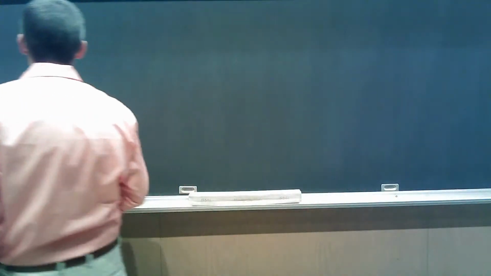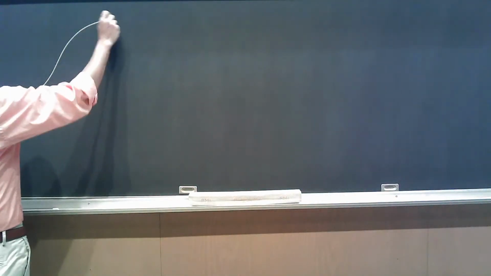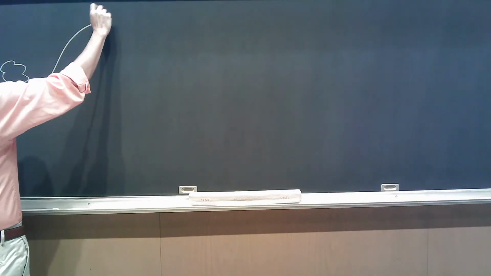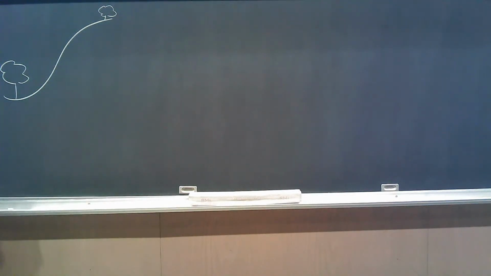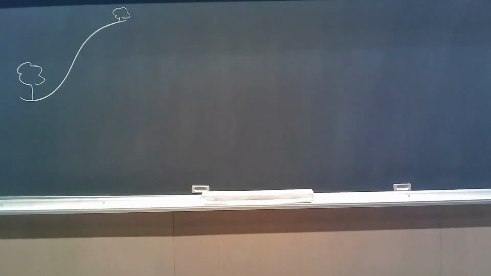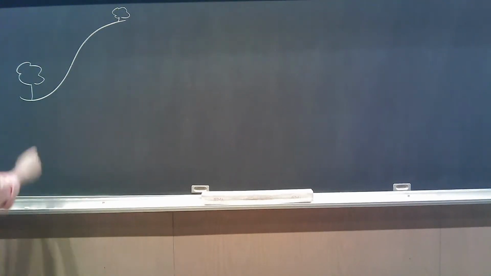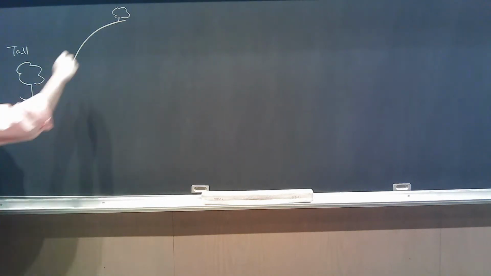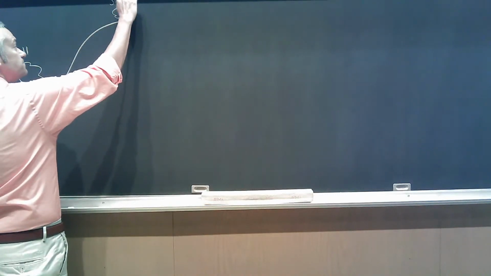So our example, we will say, is a hill. And we've got trees or plants. All right. There we go. At the bottom of our hill, we get a tall phenotype. At the top of a hill, we get a short phenotype.